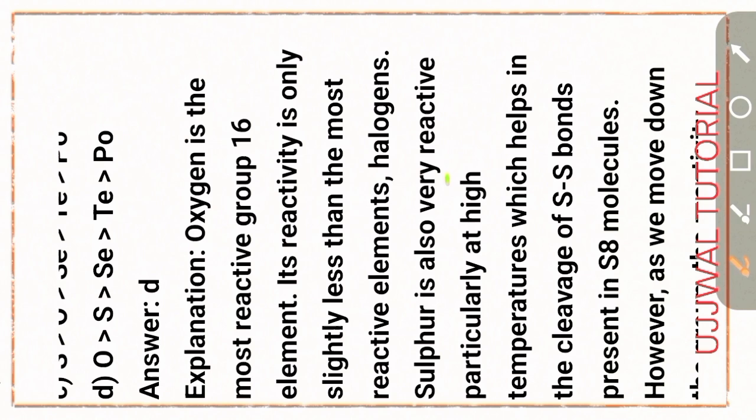Its reactivity is only slightly less than the most reactive elements, the halogens. Sulfur is also very reactive, particularly at high temperature, which helps in the cleavage of the sulfur-sulfur bond present in the S8 molecule.